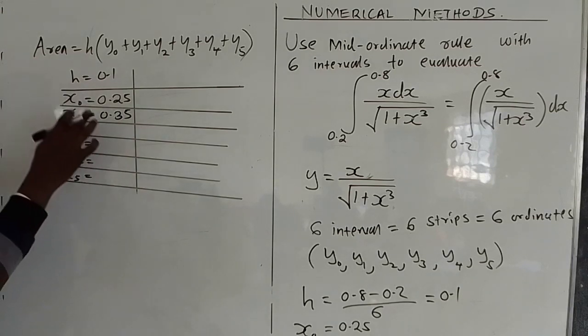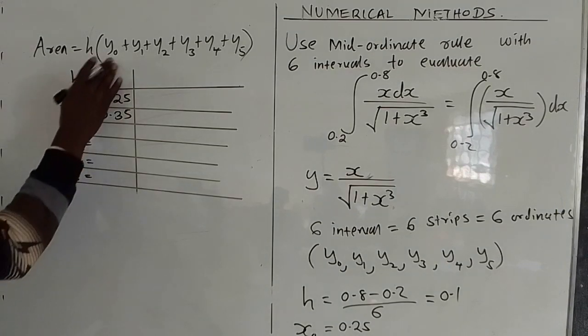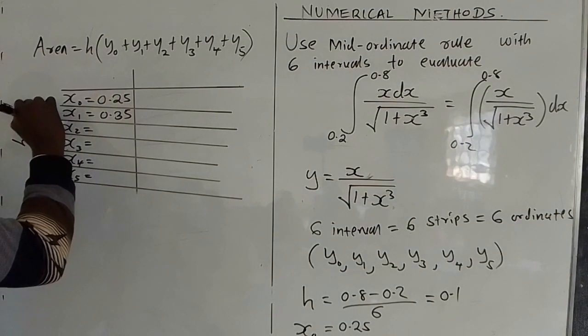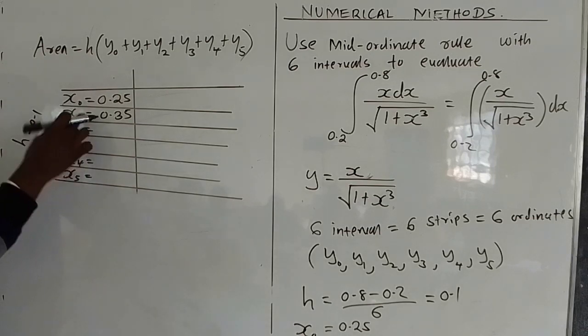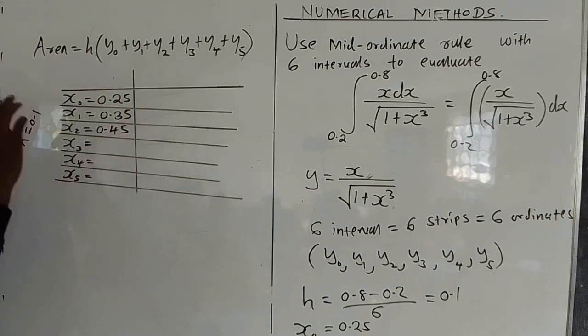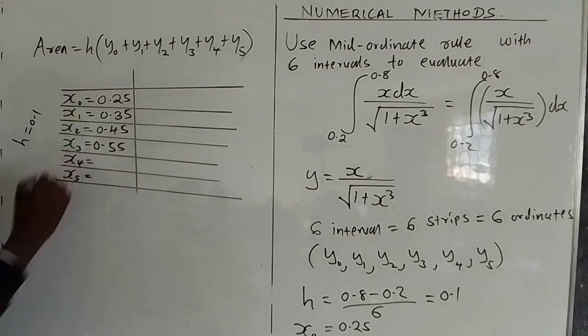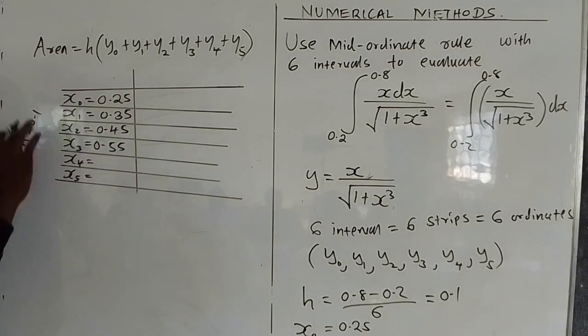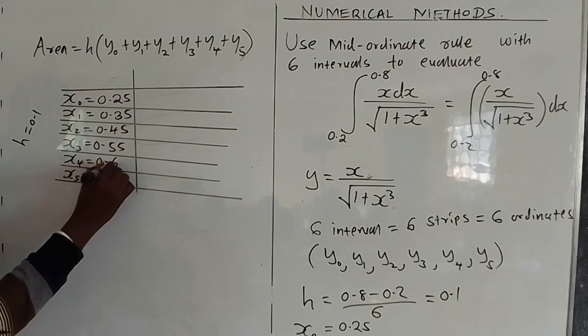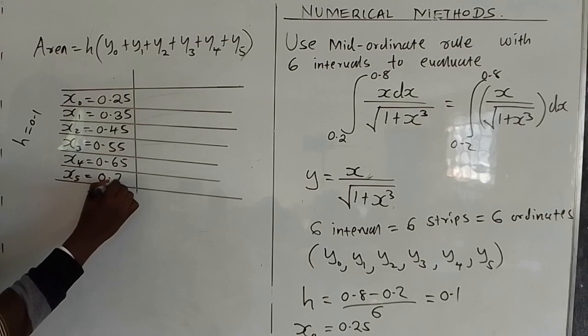You move again, x1 plus h to give you x2, because that is the equal interval, isn't it? Are we together? Okay? So if you don't want to confuse, you can even write it beside here, h is 0.1. x1 plus h to give you x2 is 0.45. x2 plus h to give you x3 is 0.55, isn't it? x3 plus h to give you x4, 0.65. x4 plus h to give you x5, 0.75.